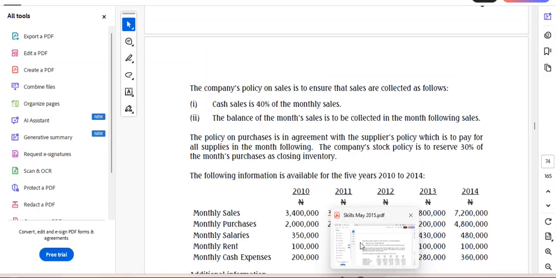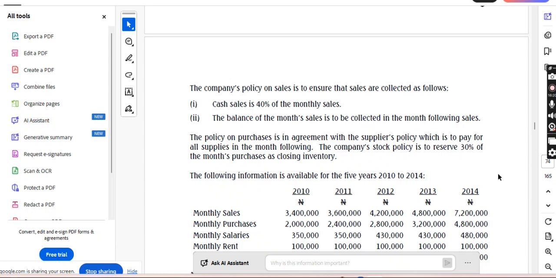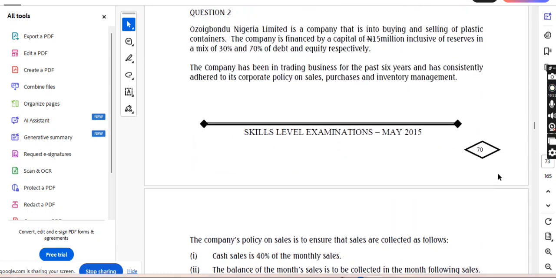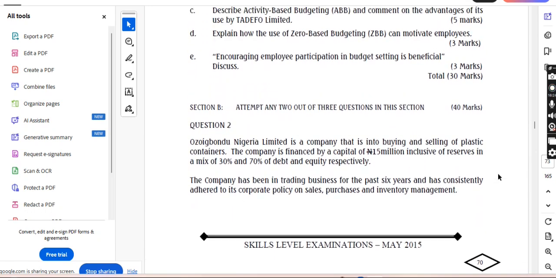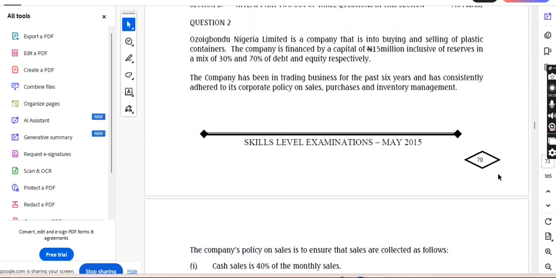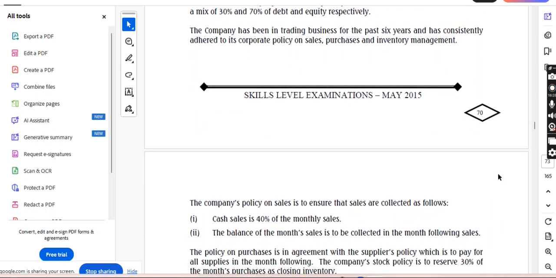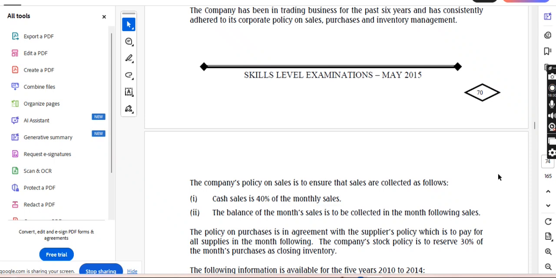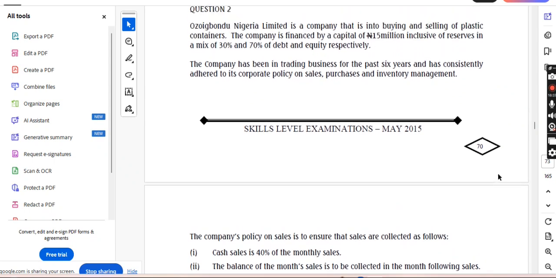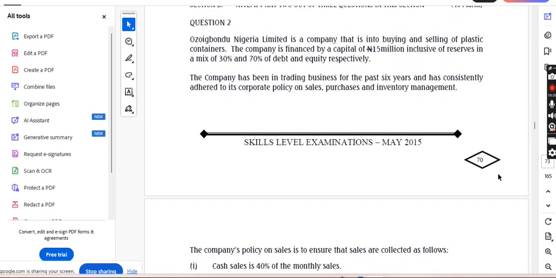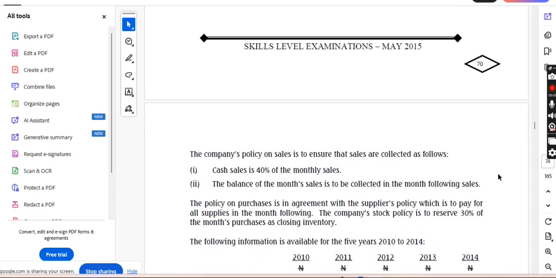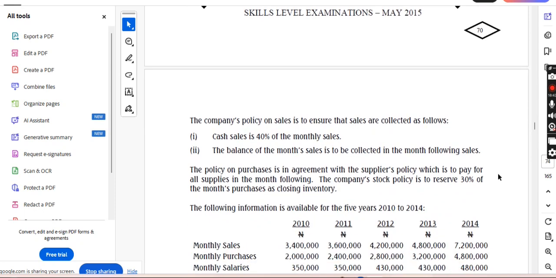Now, purchases, sales. Let's quickly go back to the additional information of sales. Cash sales is 40% of the monthly sales.